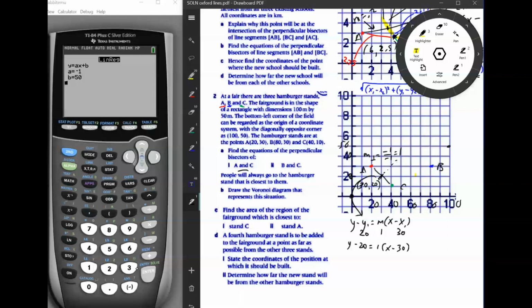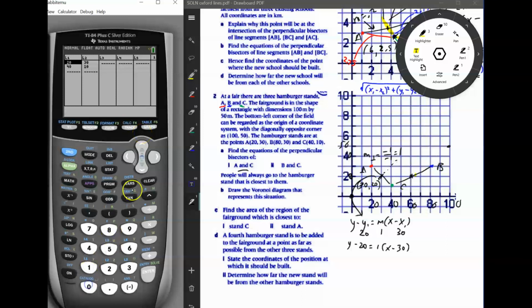Now we're going to do the same thing for B and C. So for BC, I can see that probably the midpoint's about here. But to figure out exactly, let's do stat, edit, and then 2var stats. So the coordinates for green are 40, 10. We already have that in the calculator. The coordinates for B are 80, 30.